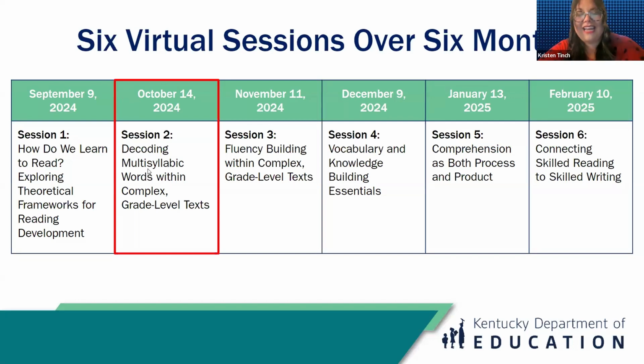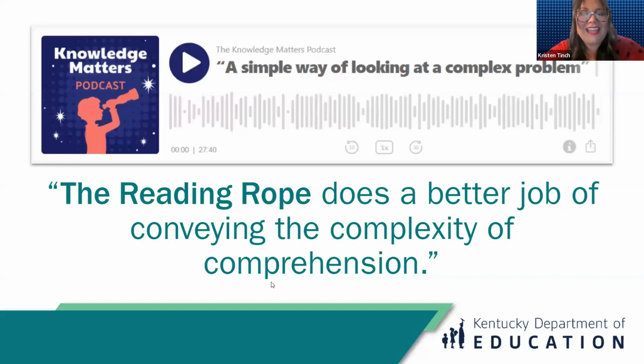If tonight feels like, I don't know that my students need support with multisyllabic words, they can generally decode the words, please know that the sessions may become increasingly more helpful to you, especially if you're a high school person and most of your students are decoding. Please just keep in mind the sessions may continue to become more helpful to you.